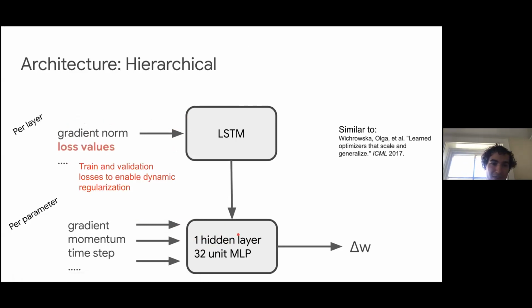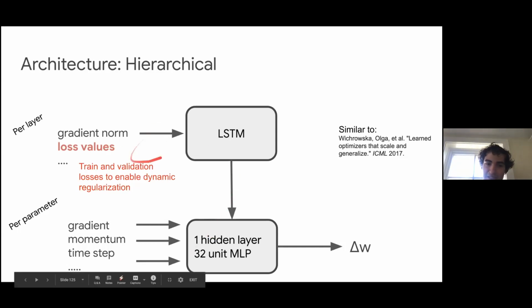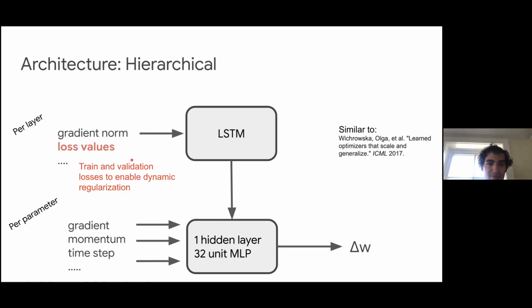I want to highlight that these optimizers actually have access to loss values, which means they can start to act the way humans do. When humans train a model, they look at training loss and validation loss, and maybe see some overfitting and add some regularization. This per layer LSTM can do the exact same thing. It can turn on more regularization, so we'll overfit less, because it has input to these features.